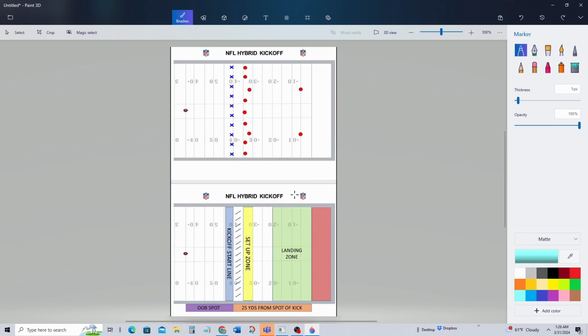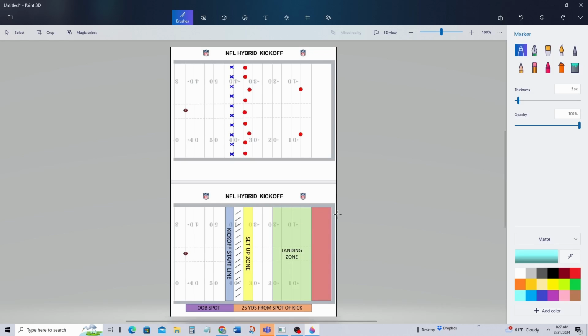If the kicker kicks the ball into the landing zone and it rolls into the end zone, and the kick return team doesn't want to return it, they can opt to get the ball at the 20. It's not the 25 like it was last year, or the 30. They would get it at the 20.